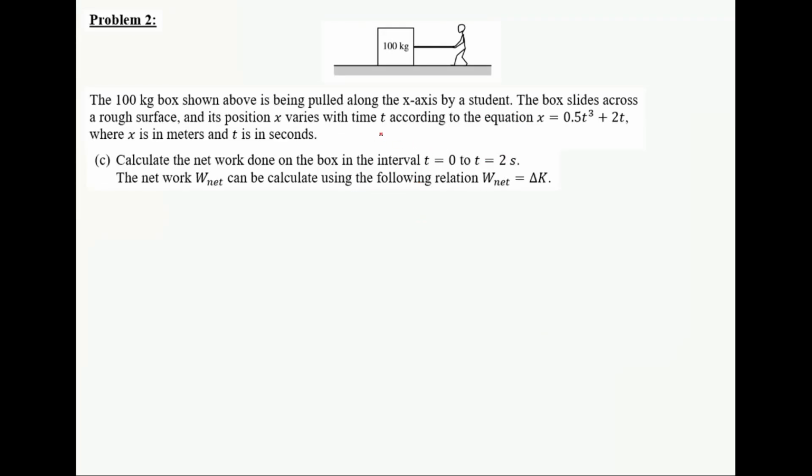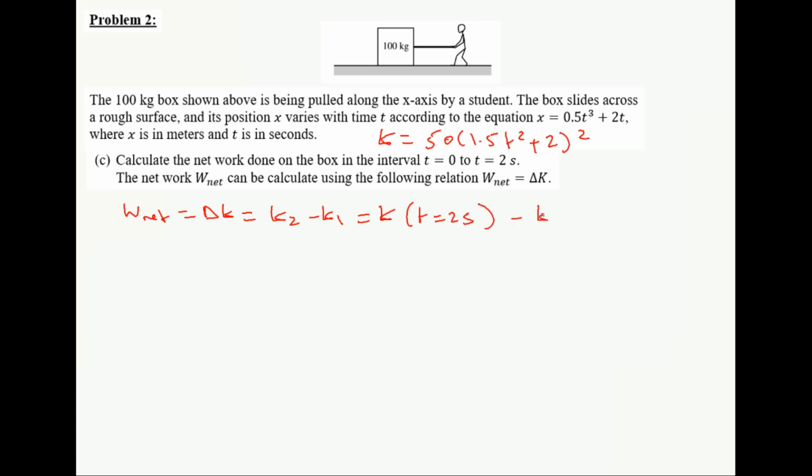So let me write again that the kinetic energy is given by 50 into 1.5 t square plus 2 to the power of 2. So the net work would be delta K, which is K2 minus K1, and that would be K computed at the instant t is equal to 2 seconds minus K computed at the instant t is equal to 0 seconds. So K for t is equal to 0 seconds is given by what?